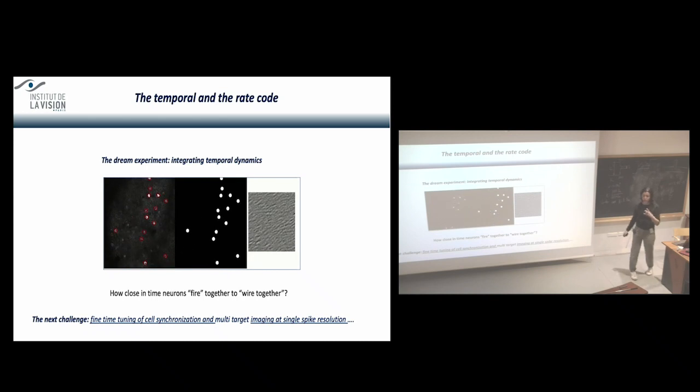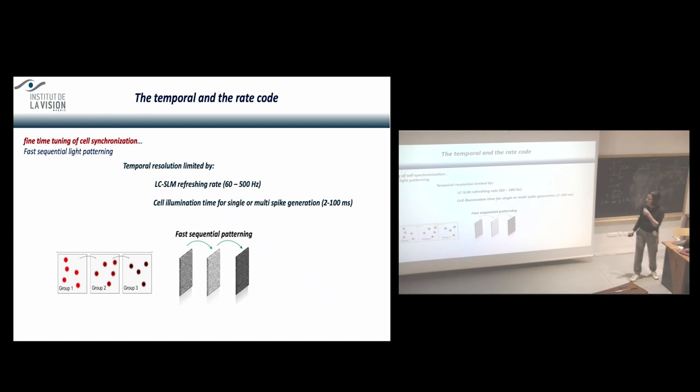So there are 2 technological limitations for this dreaming experiment. The first one is how fast we can perform sequential light targeting. The first technical limitation is the liquid crystal refreshing rate.